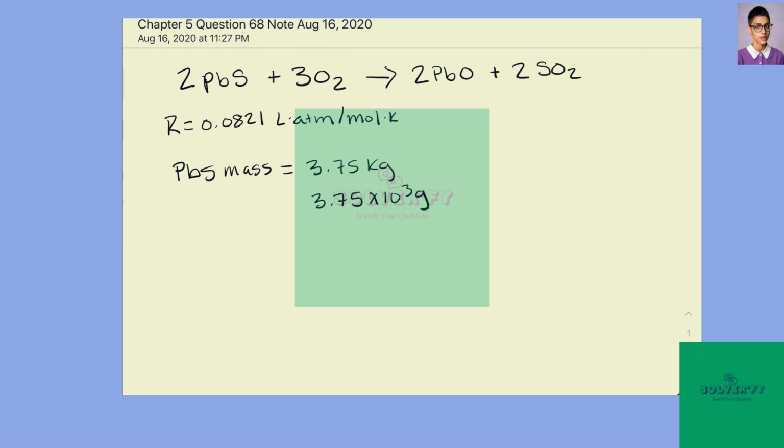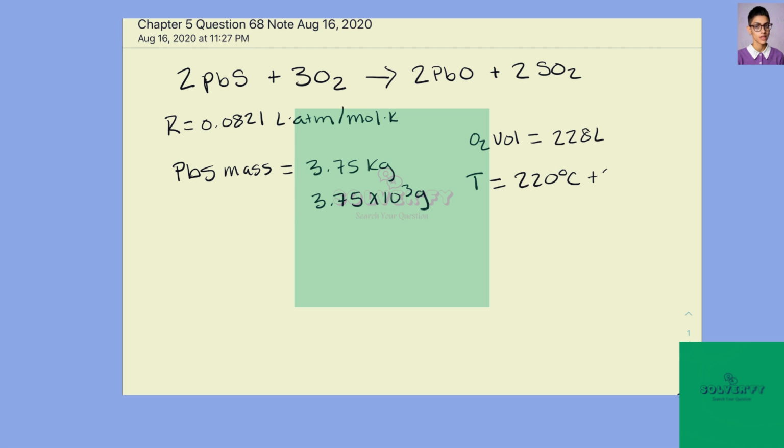And then they also tell us that the volume of O2 is equal to 228 liters. They also tell us that our temperature is equal to 220 degrees Celsius.